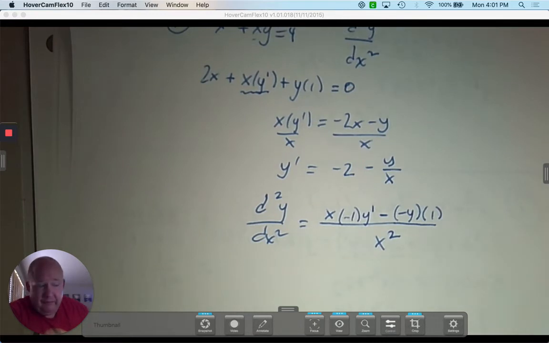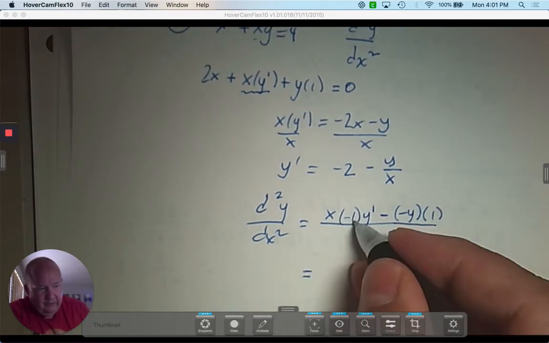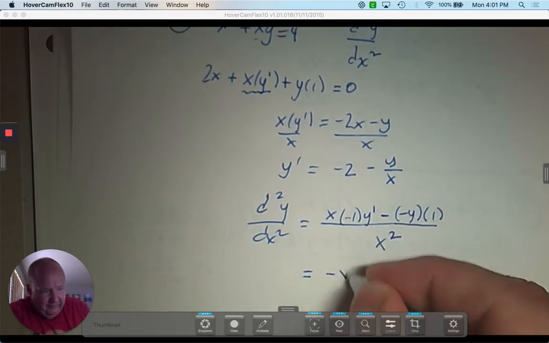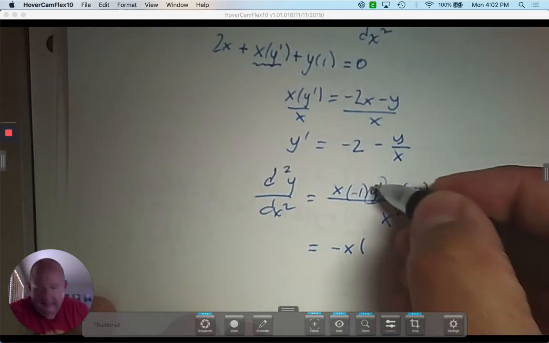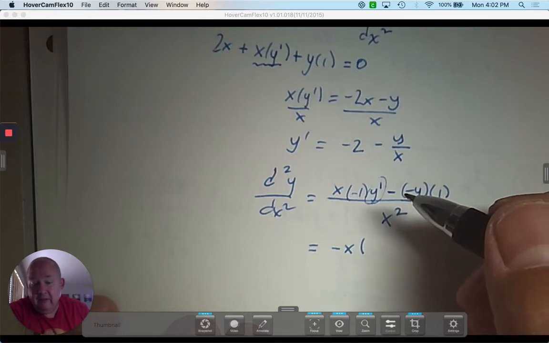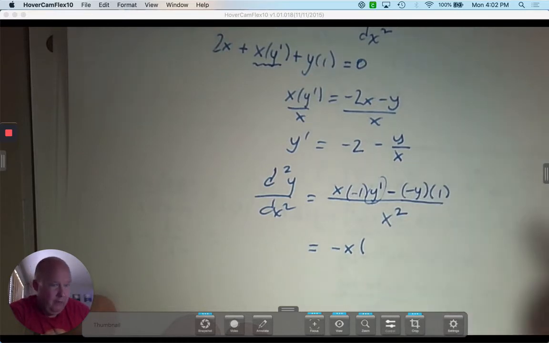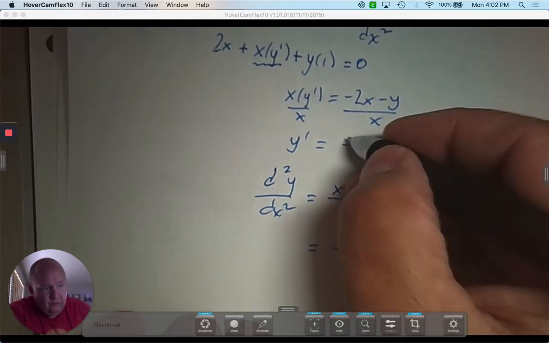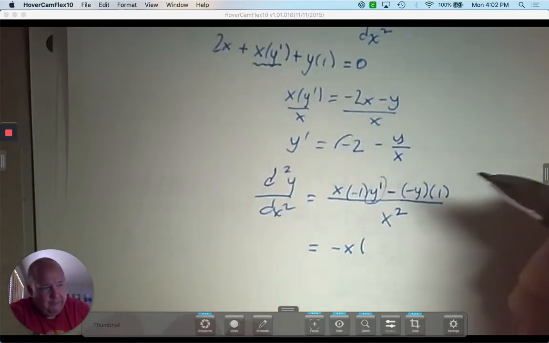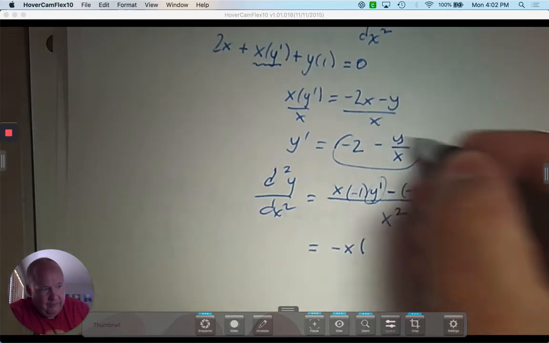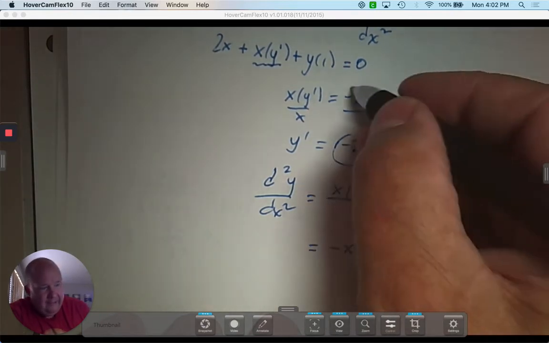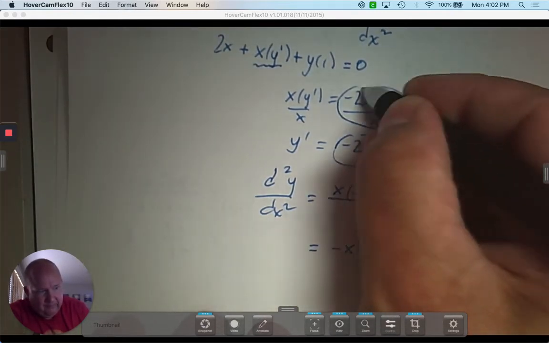Now we're going to simplify this. So x times -1 is -x, but I'm not going to have a y prime in my answer. In fact, the question said only in terms of x and y, so no y primes. So what could I put in for y prime instead? Well, I know what y prime equals up here, but instead of using this one, I'm going to use the one above so I can simplify it.